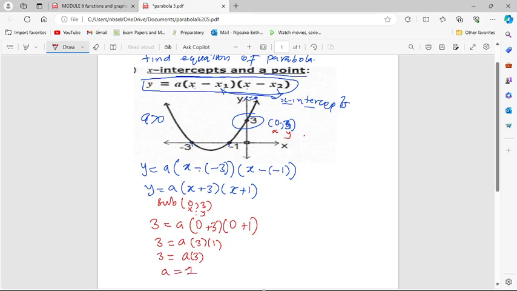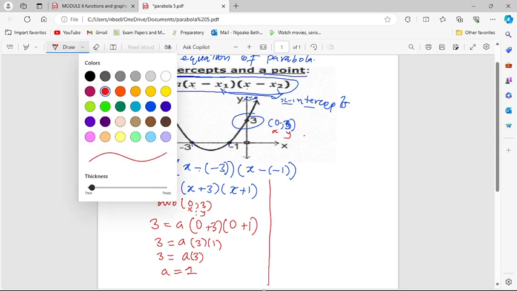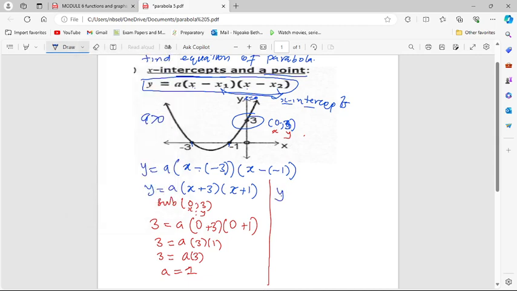Can you see that a is positive? Now we take it back to the equation and substitute the value of a. So we have y equals 1 into x plus 3, x plus 1. The 1 will come later, and we'll multiply later.